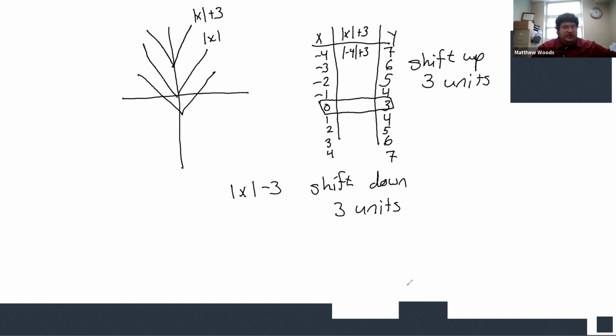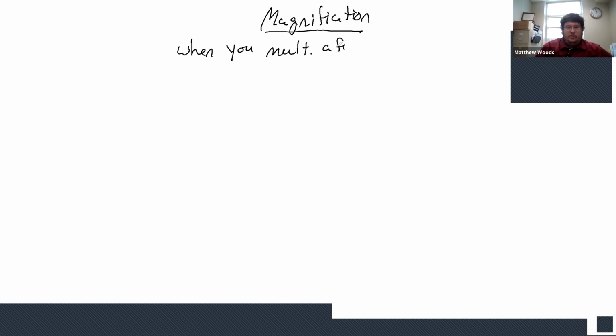The last thing that we're going to do in this video is magnification. So magnification occurs when you multiply a function.